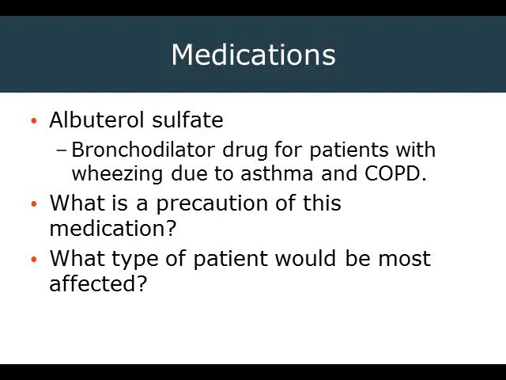So I really suggest that we don't just instantly slap people on albuterol who are complaining of shortness of breath until we've done some reassessment and reevaluation of our patient. Interactions: other beta agonists should not be administered concurrently with albuterol.